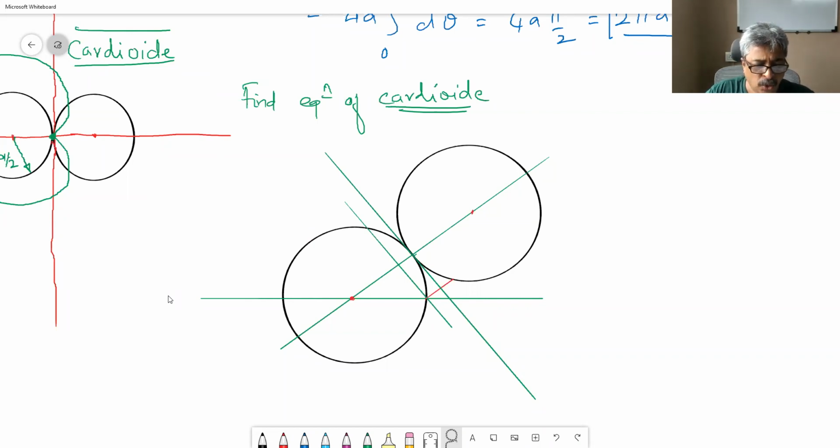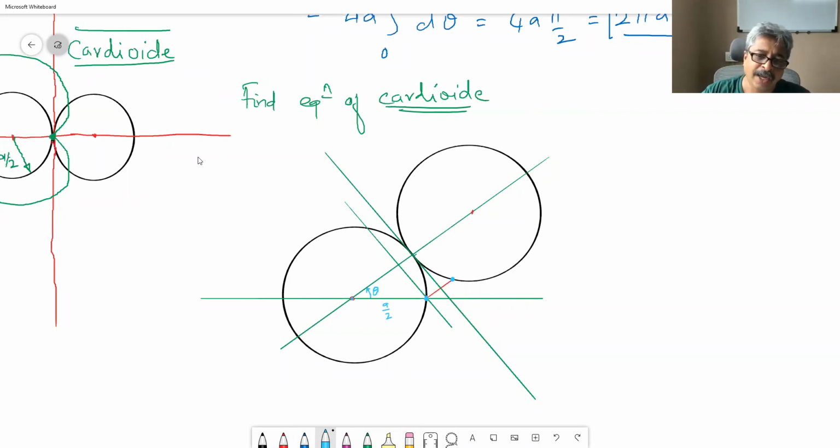If the original point was here, now that point will go to this place, after the line joining the centers has moved theta degrees. Say this was the origin, this is the center, a by 2 distance, and around this circle it is rotating without slipping. Therefore, after some time the line joining the centers has moved anti-clockwise by theta.